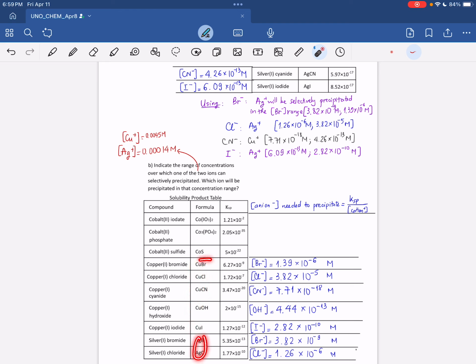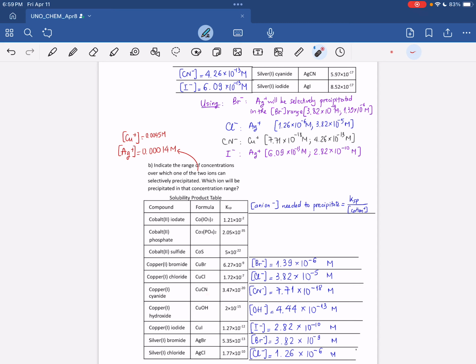We have 5 copper salts here and 4 silver salts here, and we actually just have 4 of them that have the same anion: bromide, chloride, CN minus, and iodide.